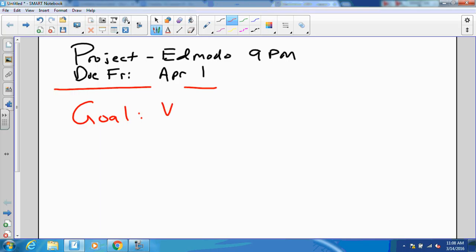So our goal is to find the volume of solids. Now the general problem of finding the volume of a solid is actually a hard problem. And so we're not going to solve the general problem.